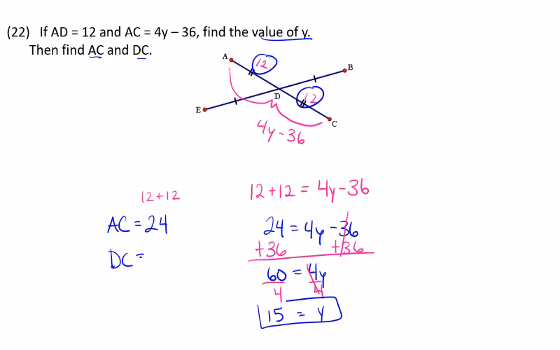We already found that as well, because we know that AD is congruent to DC. So we actually could find that without knowing the value of y, right? Or we could plug in 15 there. 4 times 15 is 60 minus 36 would be 24. Okay. All right. So bring any questions to class.